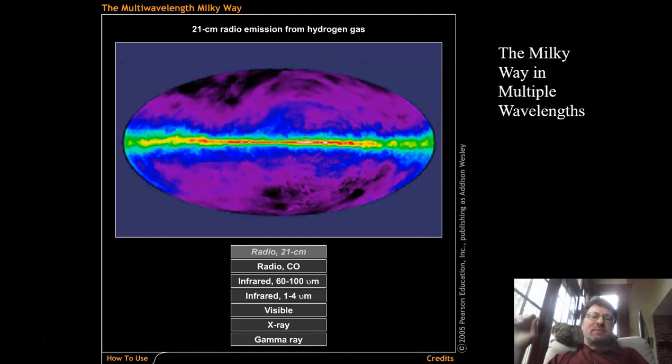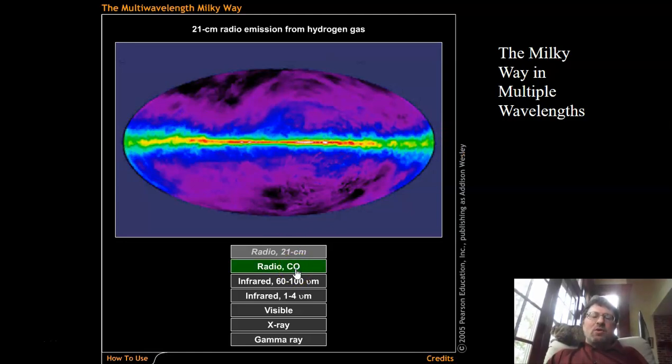About the same length as the width of a standard sheet of paper. And if you're seeing 21 centimeter emission, it's coming from those spin flipping electrons, and so we're talking about hydrogen gas. So by looking in the 21 centimeter wavelength band, we can see where the hydrogen is in the galaxy, and it exists, not surprisingly, along the disk.